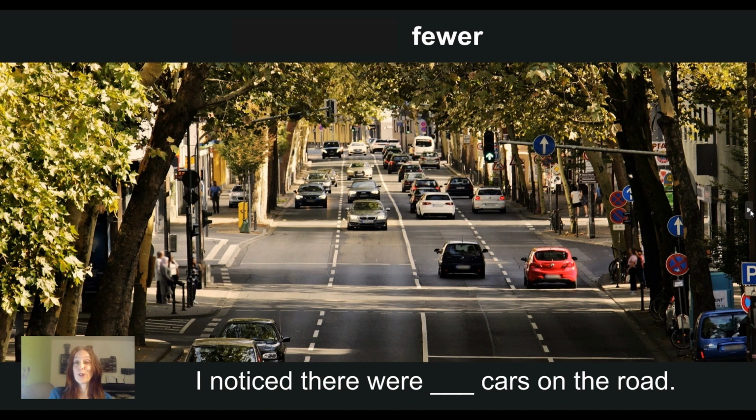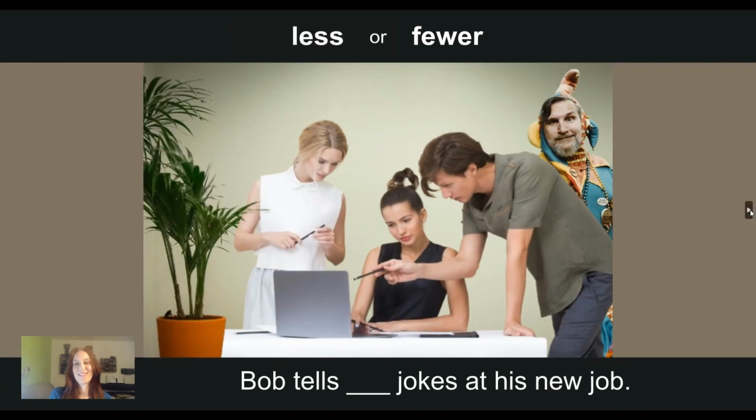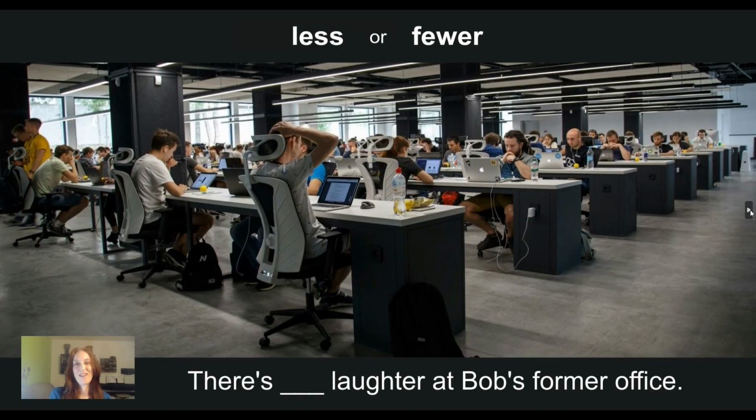I noticed there were fewer cars on the road. Bob tells jokes at his new job. Bob tells fewer jokes at his new job. There's laughter at Bob's former office. There's less laughter at Bob's former office.